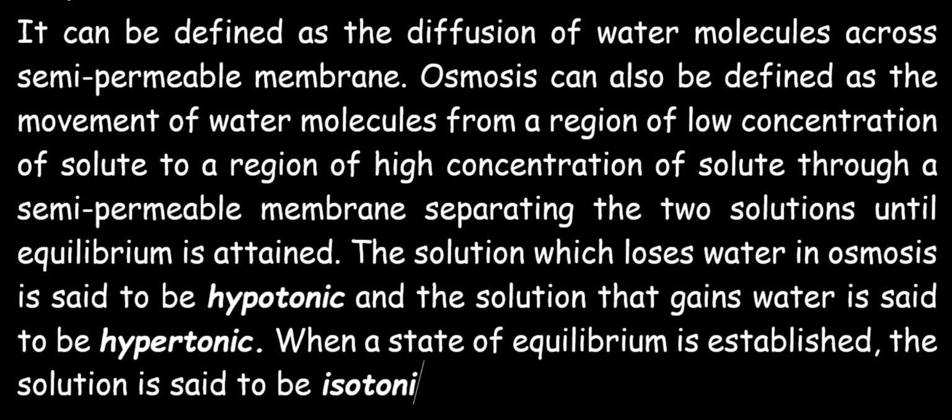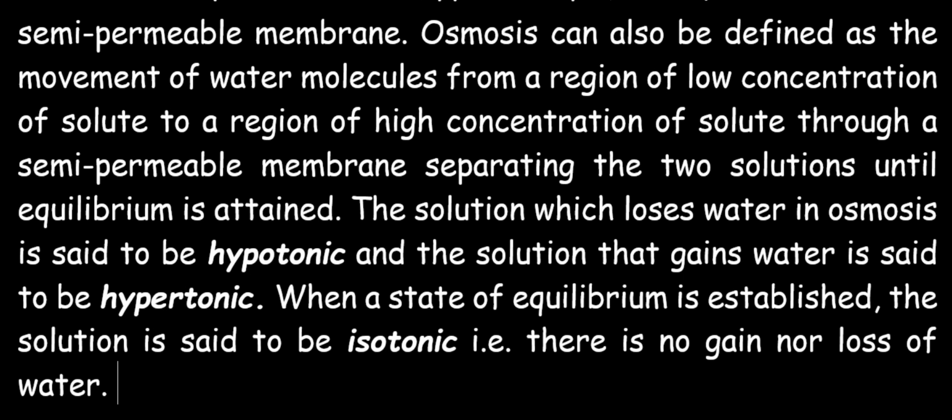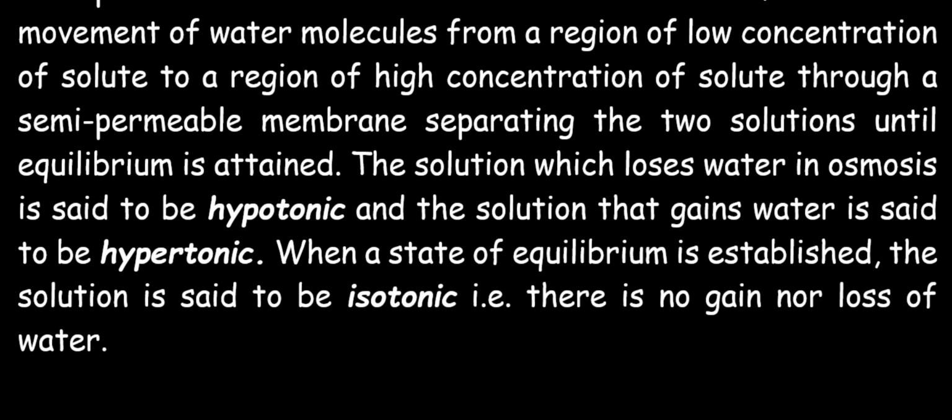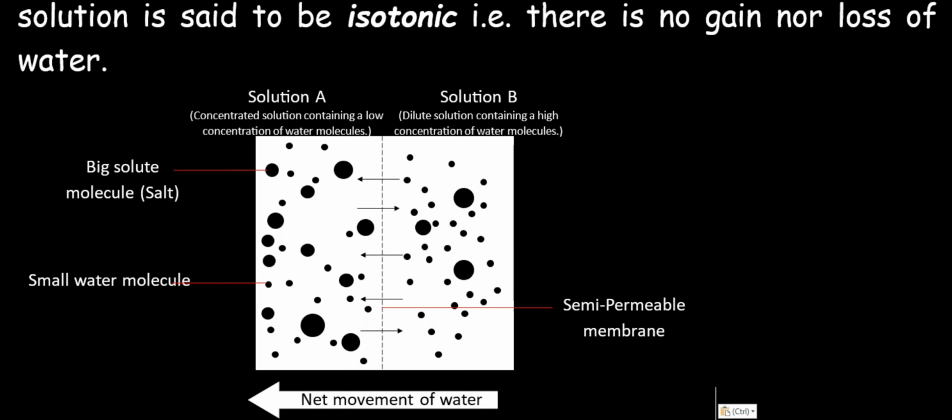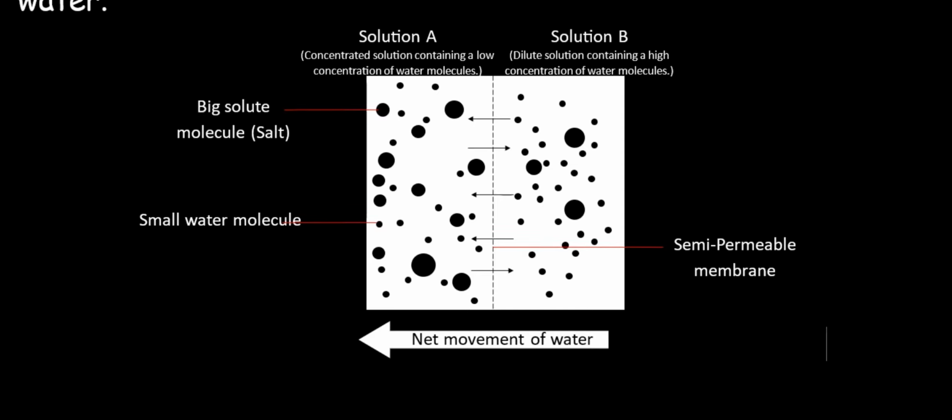By isotonic, we mean that there is no net gain nor loss of water. I will be using a diagram to show you the process of osmosis. I will show you the movement of water molecules across a semi-permeable membrane.